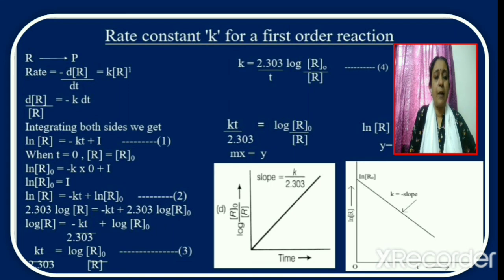On dividing by 2.303, we get log R is equal to minus Kt by 2.303 plus log R0, or Kt by 2.303 is equal to log R0 by R. So what will be the rate constant K equal to? K will be equal to 2.303 by t log R0 by R. Here R0 is the initial concentration of the reactant, R is the concentration of the reactant at time t. So the rate constant K is given as K is equal to 2.303 by t log R0 by R.